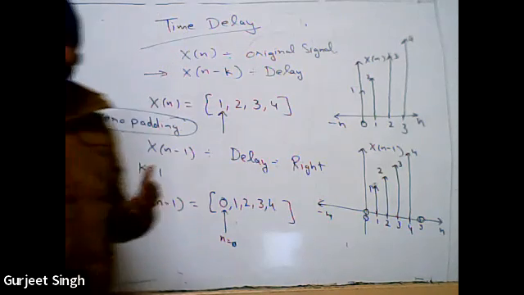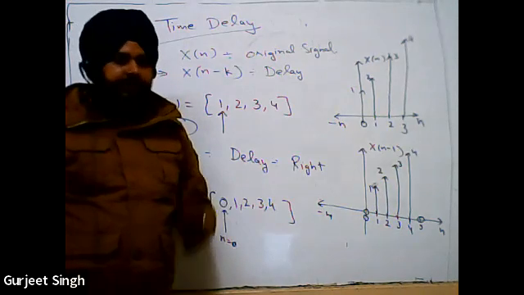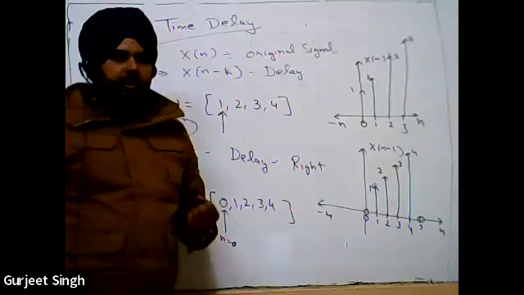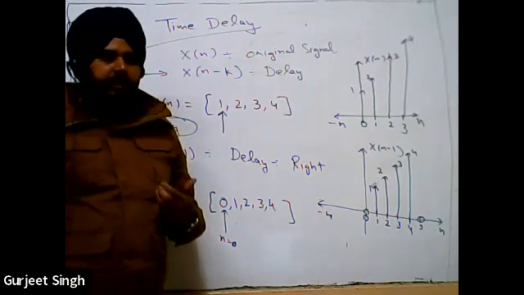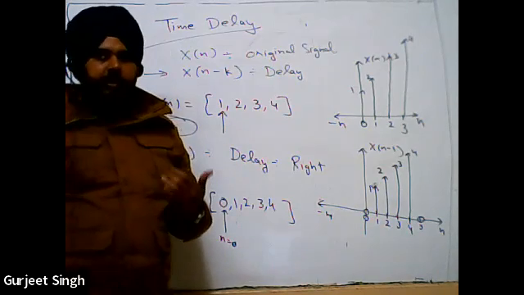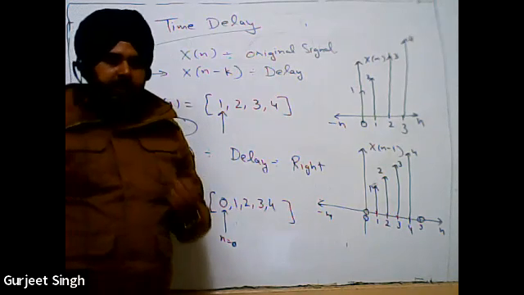Time delay means that when we send a signal, we do not receive it instantaneously. We receive the signal after some time period, and that time period represents the delay. Whenever you communicate with foreign countries, like Canada or Australia, you get some delay of the signal.